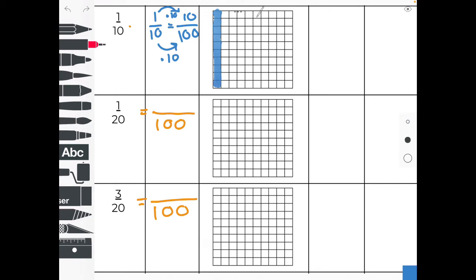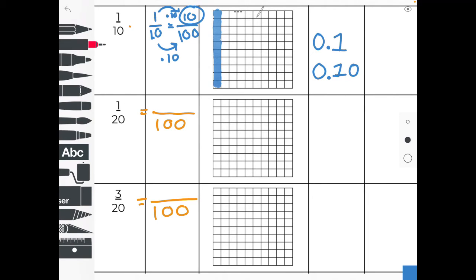And then from there, this tells us that we have a 1 in the tenths place. So when we write our decimal, the tenths place needs the number 1 in it. This also tells us that we have a 10 that ends in the hundredths place. So I can write it another way as a 10 that ends in the hundredths place.